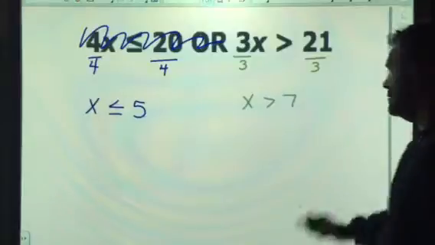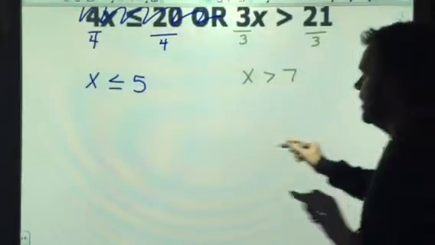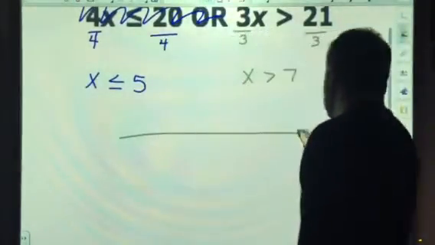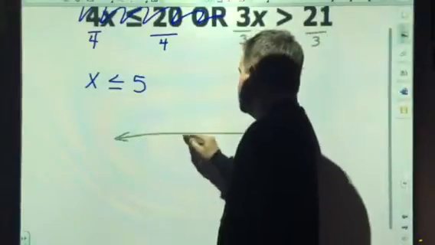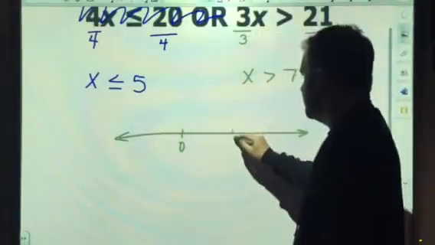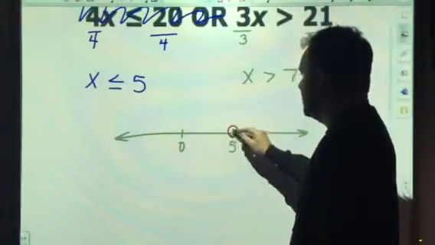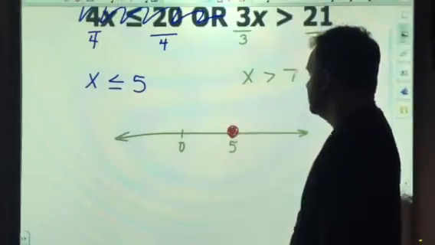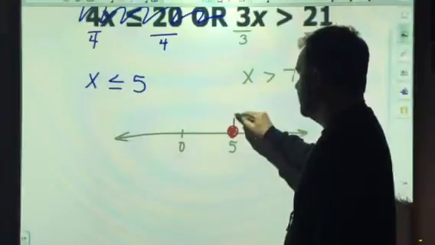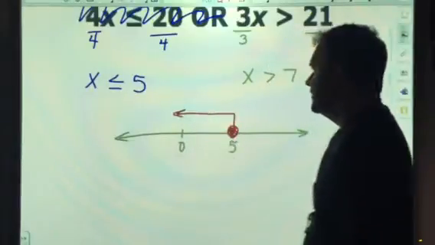Graph these two things just as though they are two separate problems. Here's my number line. 0 is here. Let's just say 5 is here. Something is happening around 5, and we need to color that in. And the arrow is going to go to the left.